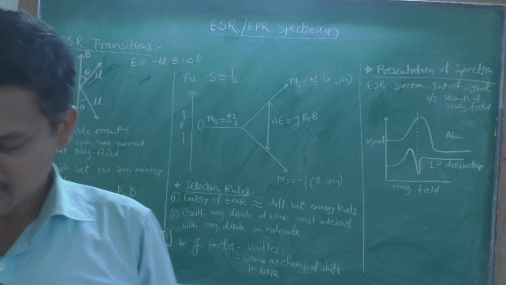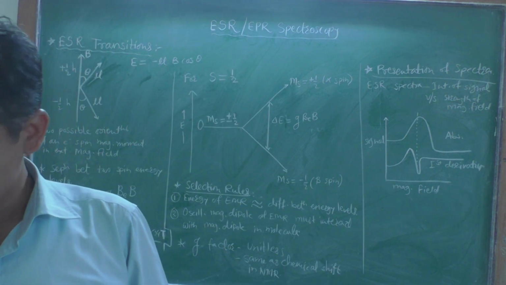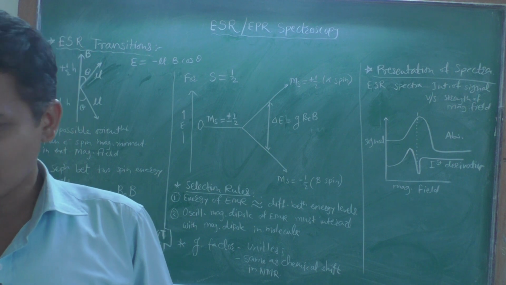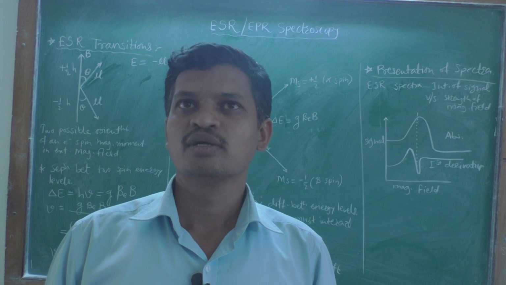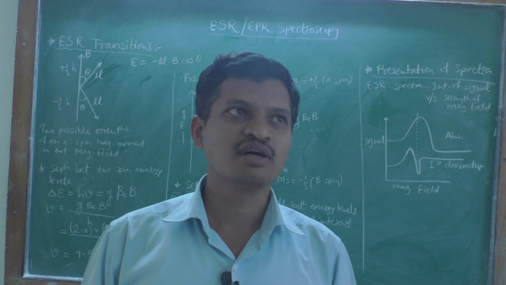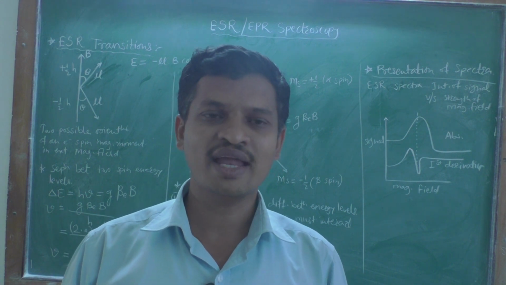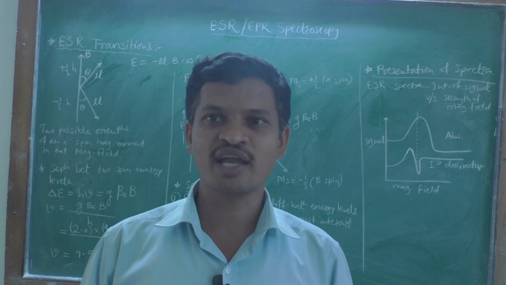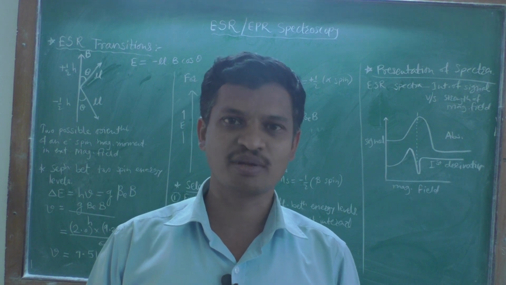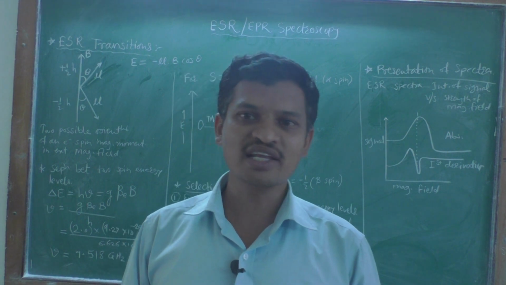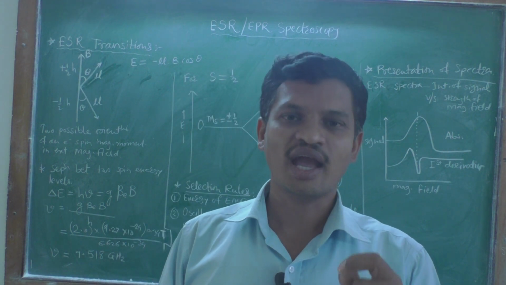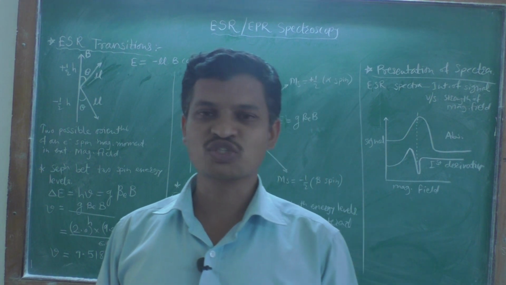In the last lecture we considered the basic concepts regarding electron spin resonance. The basic need for a chemical species to produce the ESR spectrum is that it must contain at least one unpaired electron.